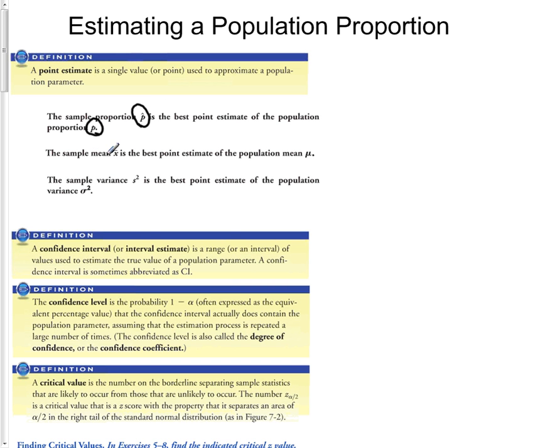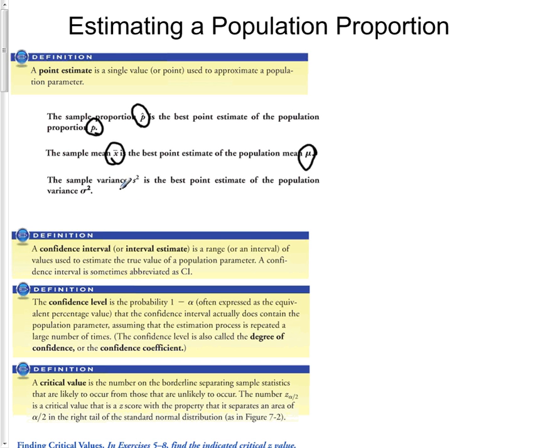The next thing, the sample mean x bar is the best point estimate of the population mean mu. So I have a population, I want to guess what the average something is for that population. Because it's usually not feasible to get information from the entire population, I take a sample of that population and I calculate the mean of that sample, and that is going to be my best guess for the mean of the population.